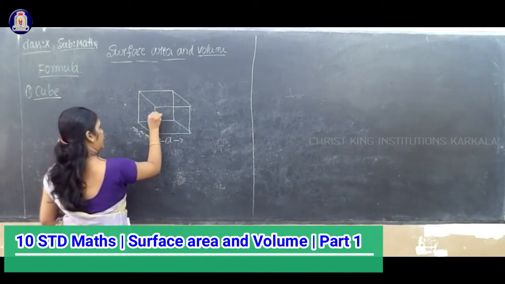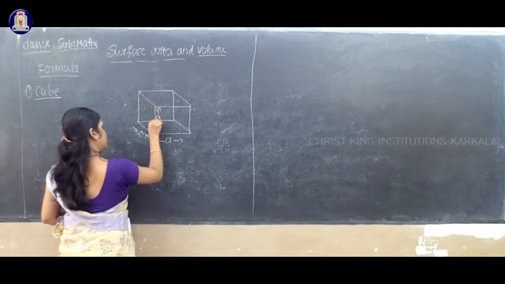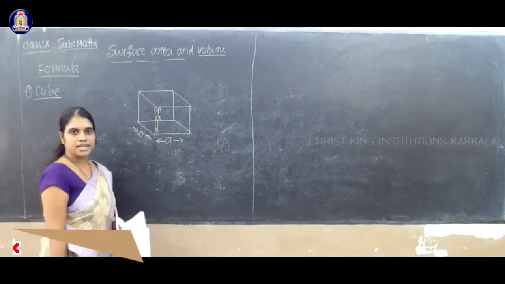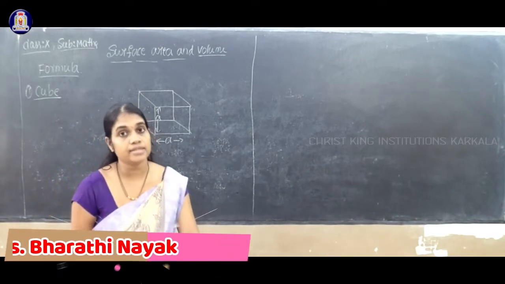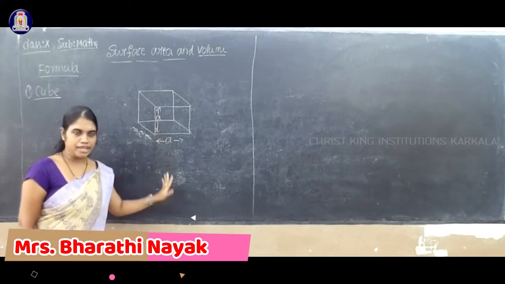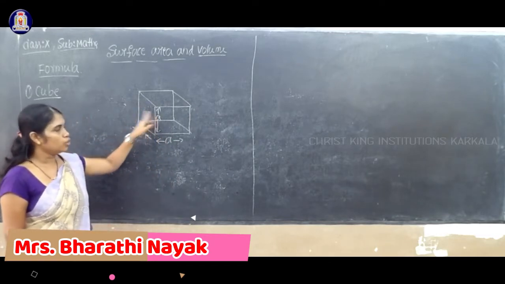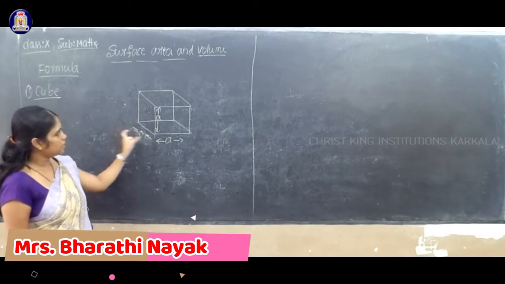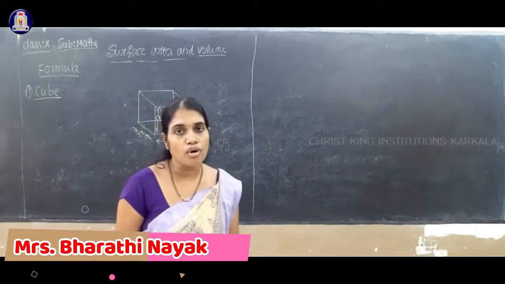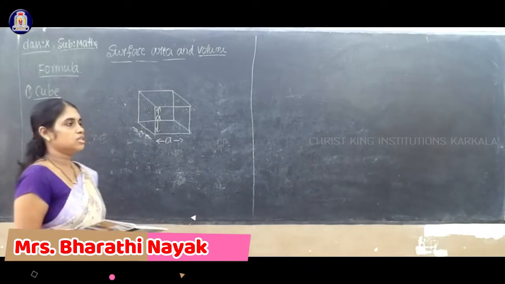Again, this is height, so height is also the same, A units. So cube means all the sides are equal: its length as well as breadth as well as height are A units. So here I take a few formulas related to this cube.